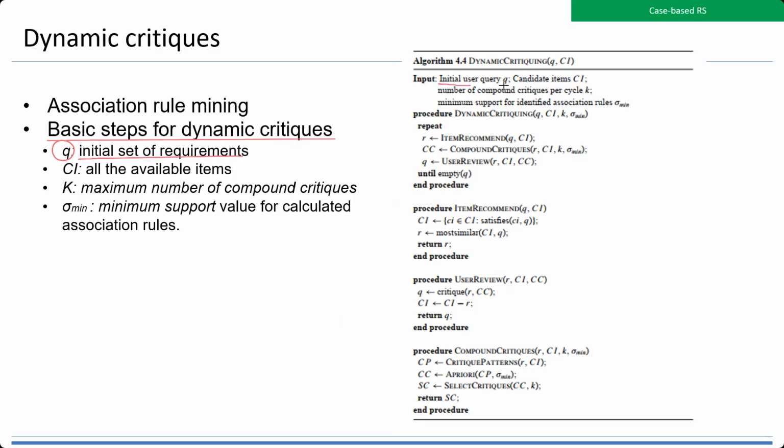So we have the initial user query, and then we have all the available items, or CI, the candidate items, and K means the maximum number of compound critics per cycle. And we have the minimum support value for calculated association rules.